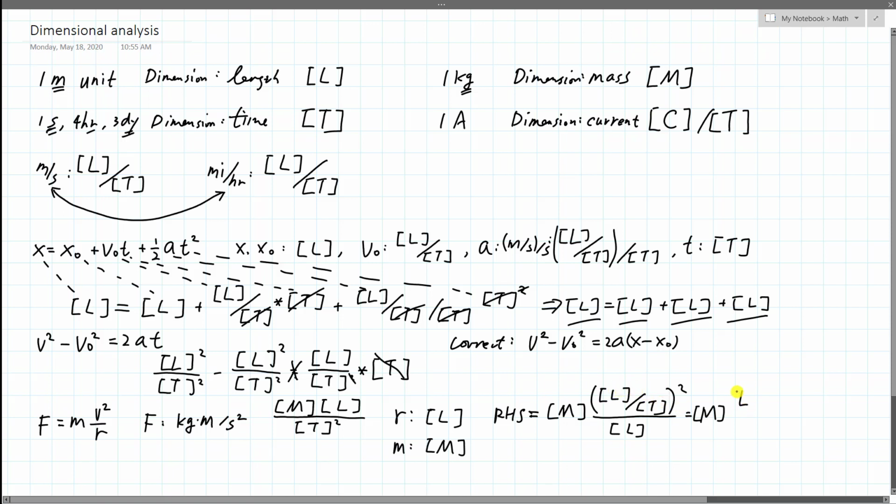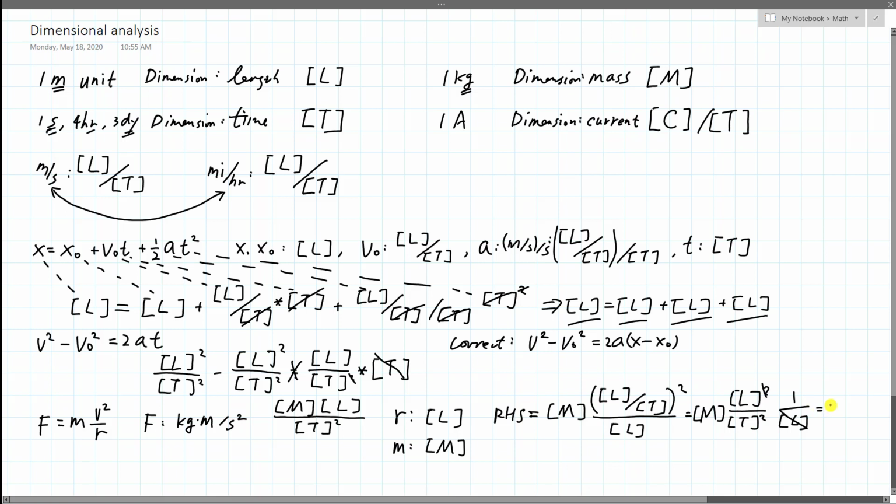So length squared over time squared. There's also another length, so divide out one of the lengths. So now you have mass length over time squared. And the left hand side, this whole force, is mass length over time squared.